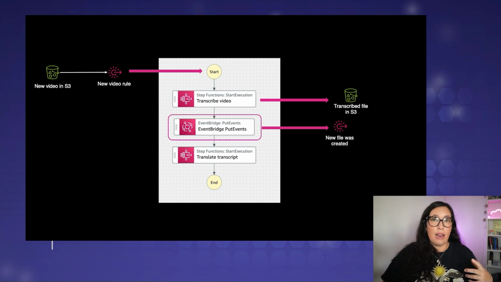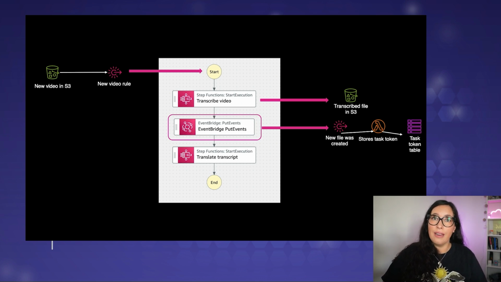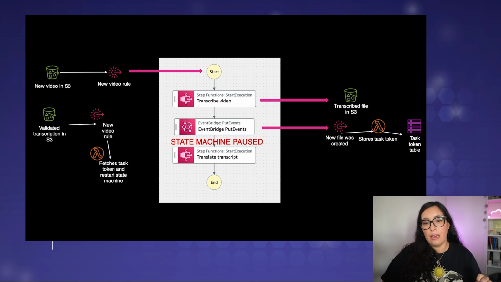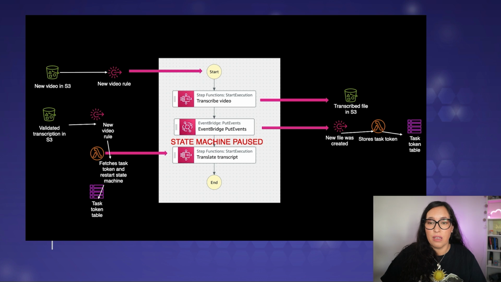That will trigger a Lambda function that will store the task token, maybe in a Dynamo table, and we are going to wait now for the human to validate the transcription. So now the state machine is paused, waiting for, in this case, Marcia to validate. So Marcia comes, uploads the validated transcription into S3 again, and that will trigger another EventBridge rule that will say, hey, trigger this Lambda function, fetch the task token, and then start the execution again from the state machine.